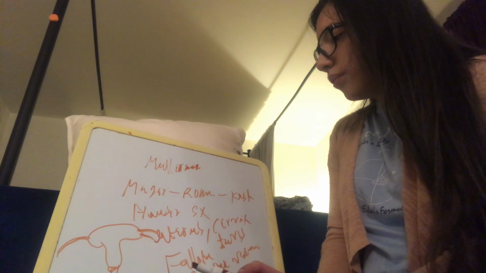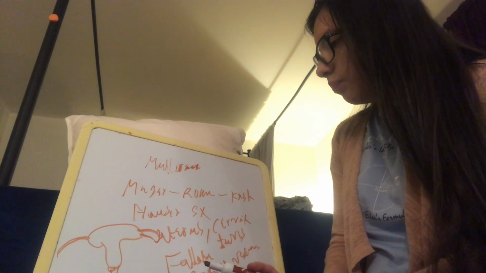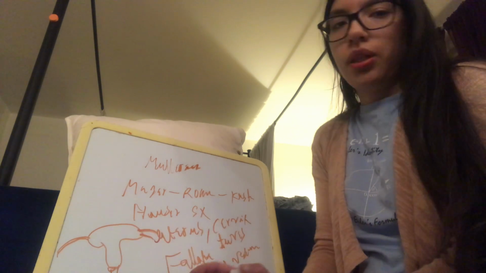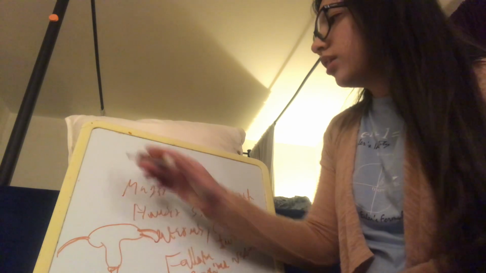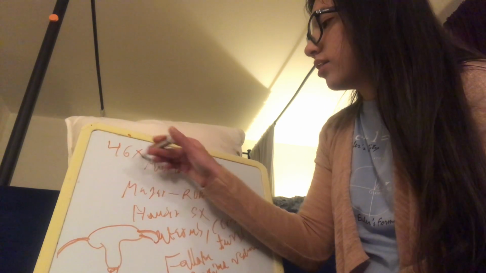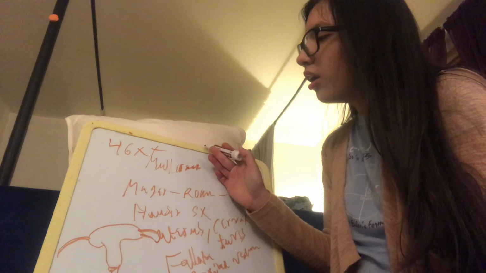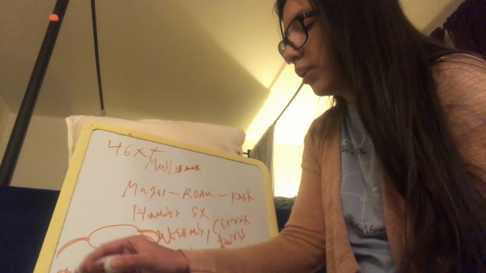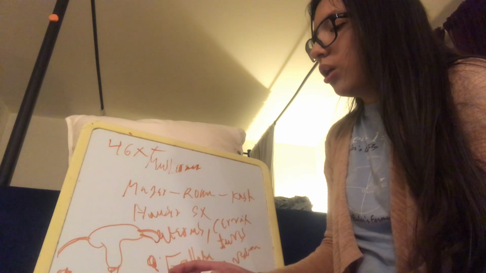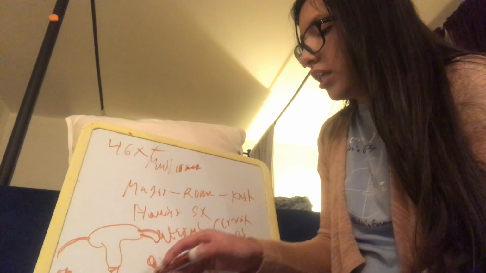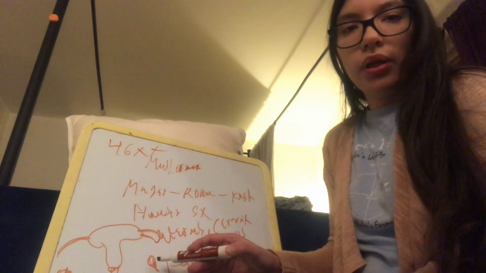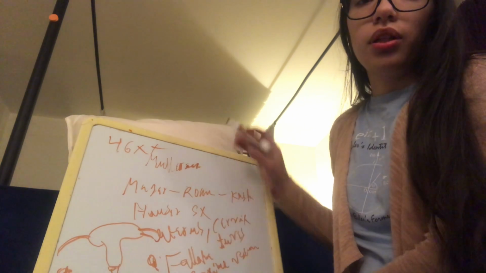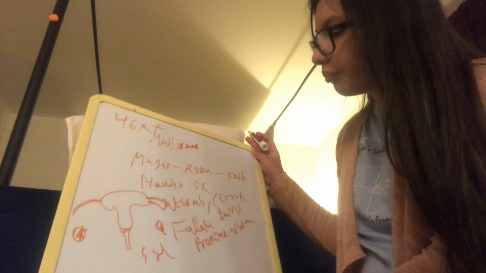So, if the patient has Mullerian agenesia, none of these would develop. So, the patient is a 46XX. The ovaries are completely normal. So, there are also estrogens produced by the ovaries because the problem is not in the ovary.